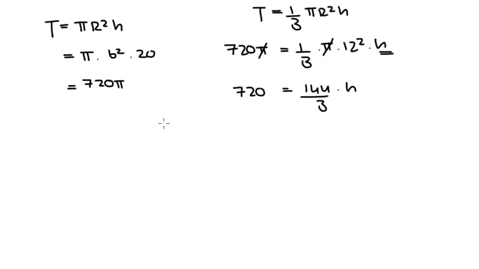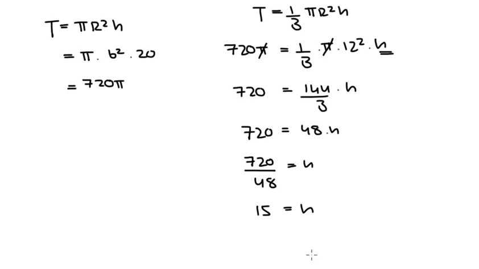So I have 720 is equal to 48 multiplied by h. So 720 divided by 48 is going to give me h. So I get 15. Again, just a very last step, we need to ensure that we include our units. So we're given centimetres at the start, so we have 15 centimetres for the height of the cone.